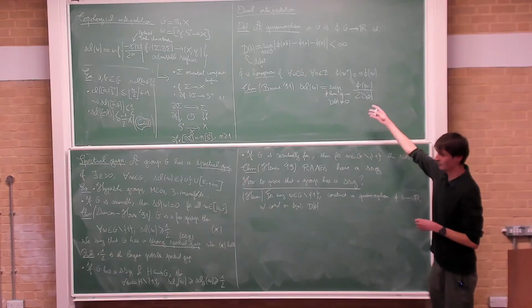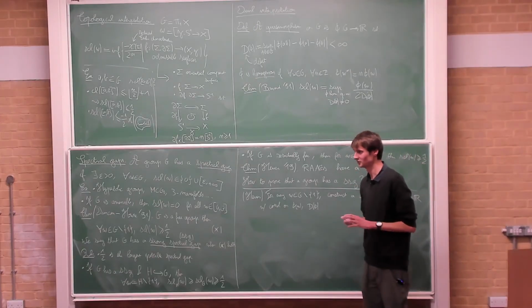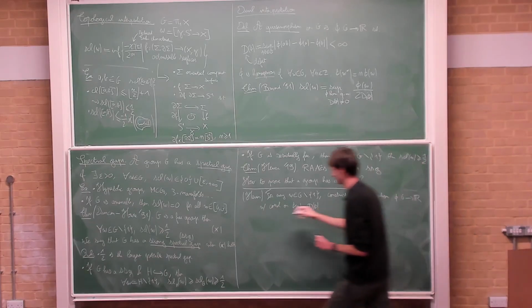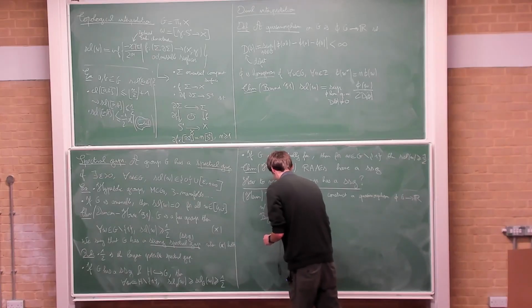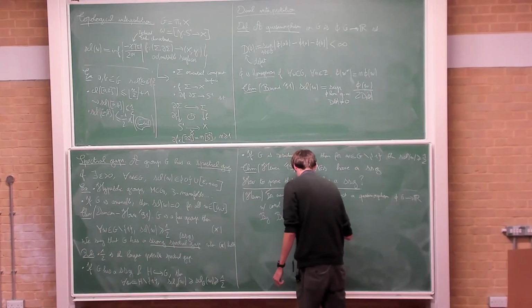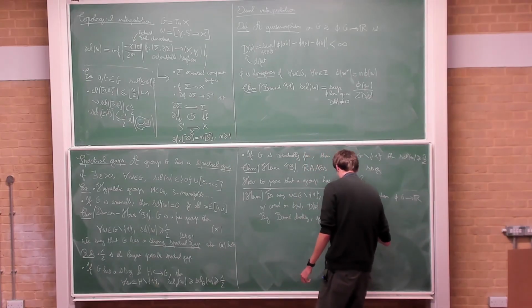And then by the theorem of Bavard, by Bavard duality, you get a lower bound on the SCL of W.